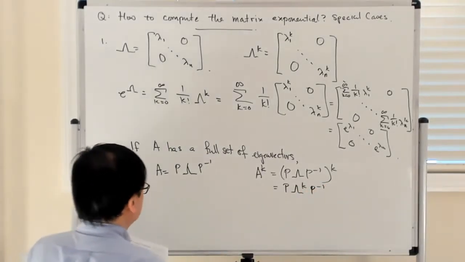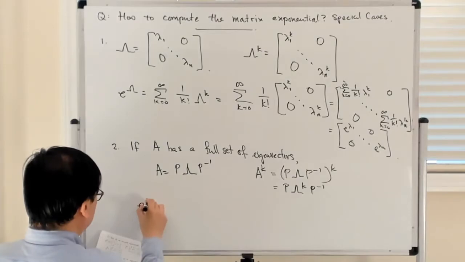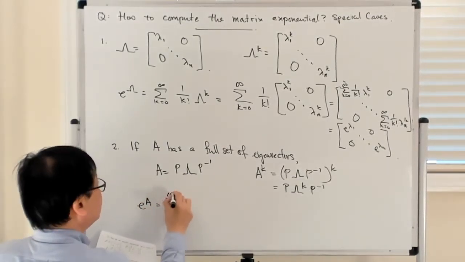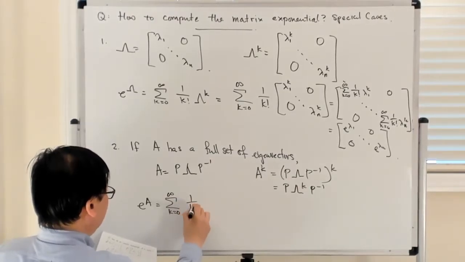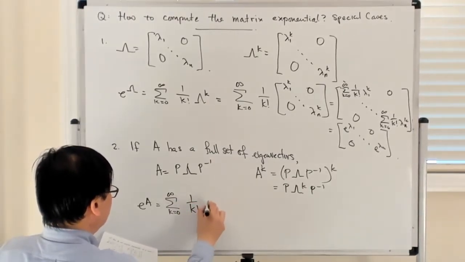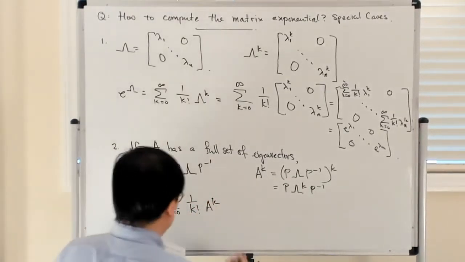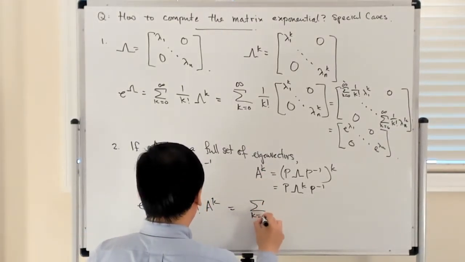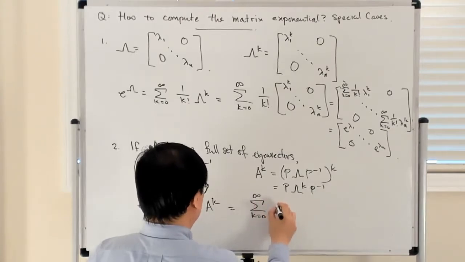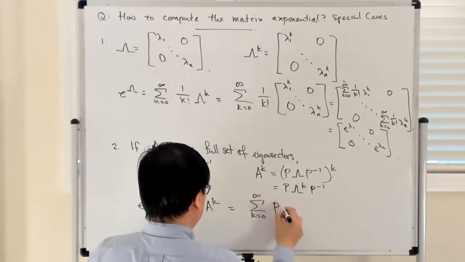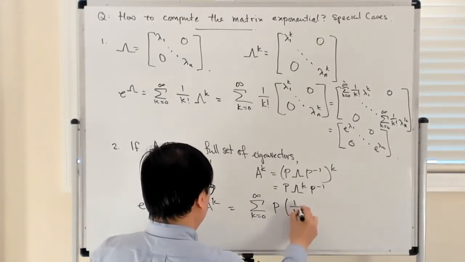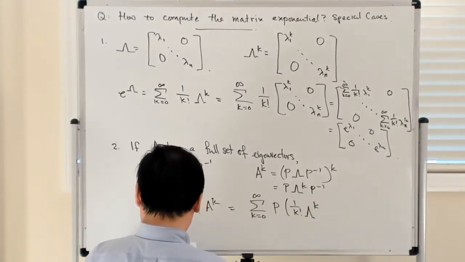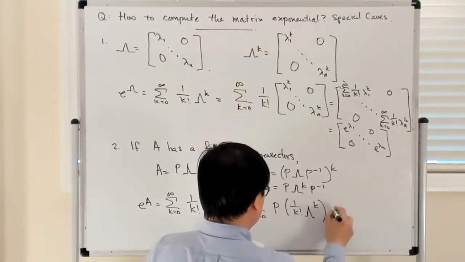With that in mind, e to the A, which is again the sum from k equals 0 to infinity of 1 over k factorial A to the k power, is just the sum of P times 1 over k factorial lambda to the k power times P inverse.